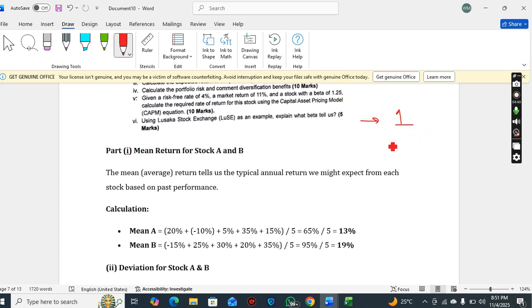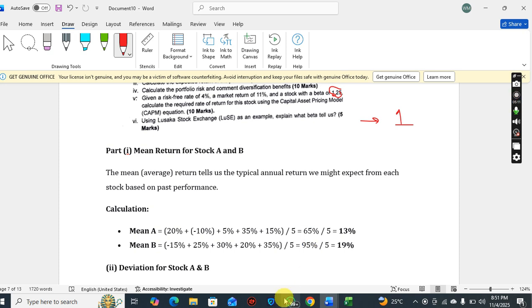So if you have a beta greater than 1, like this one, 1.25, it shows that this stock is a risky stock. It's more volatile than the market. If the market index increases, the stock price will increase at a higher rate than the market. If the market index reduces, this stock is going to reduce more than the market.